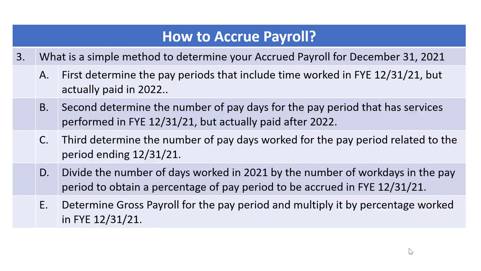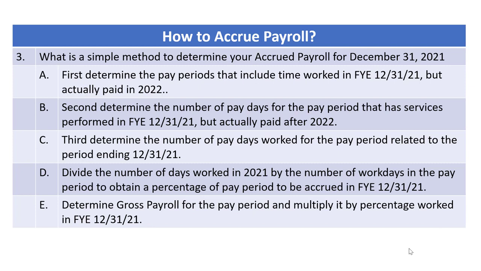What is a simple method to determine your accrued payroll for 12/31/2021? First, determine the pay periods that include time worked in 12/31/21 but actually paid in 2022. Second, determine the number of pay days for the pay period that has services performed in 12/31/2021 but actually paid in 2022.